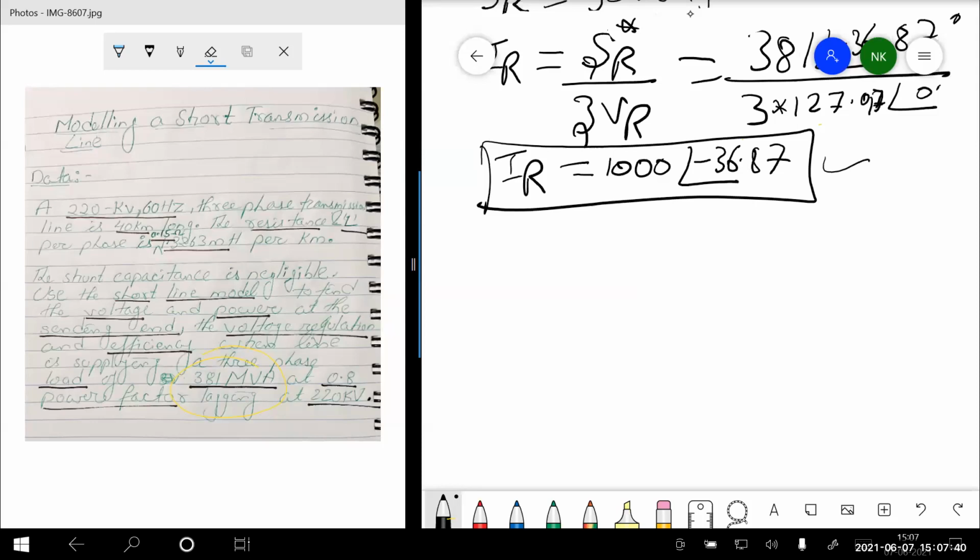We have all the parametric values for your receiving end: IR, VR, P and Q. All data we have got now. Now for the sending end, we'll see what we have to find. What will be your VS?